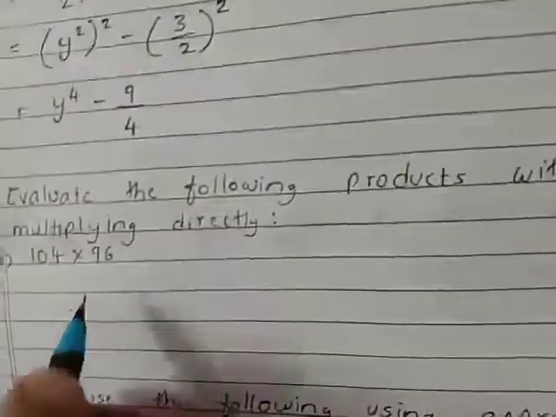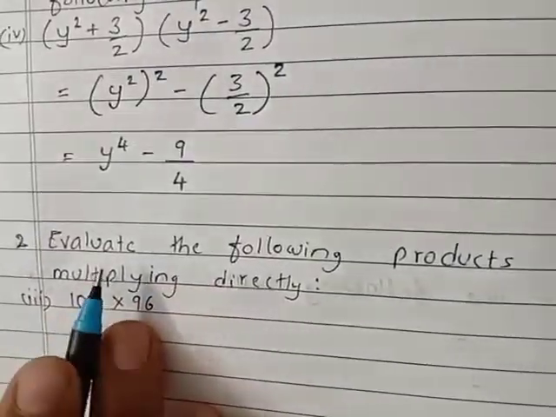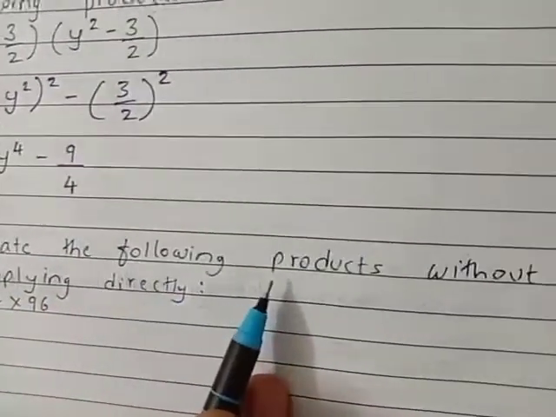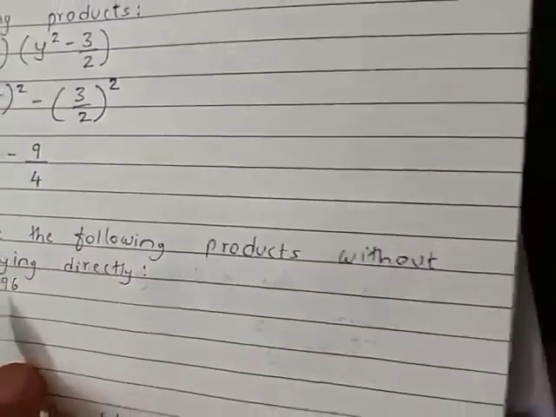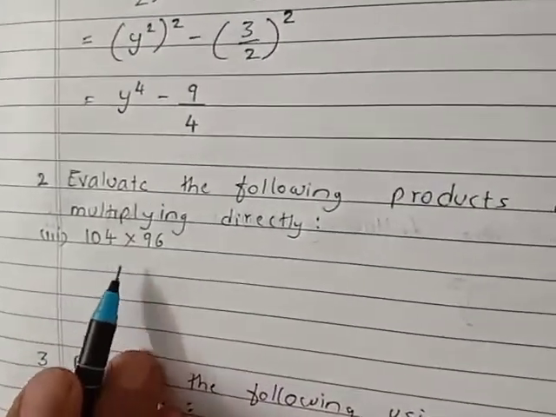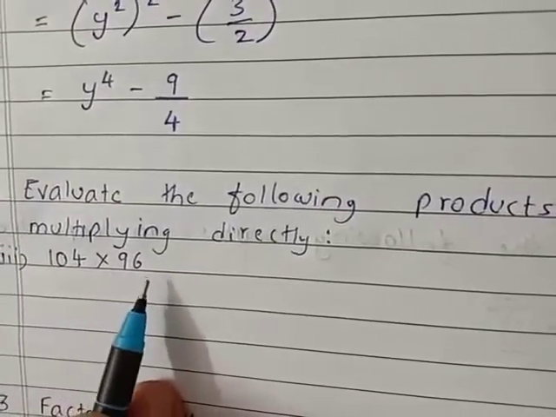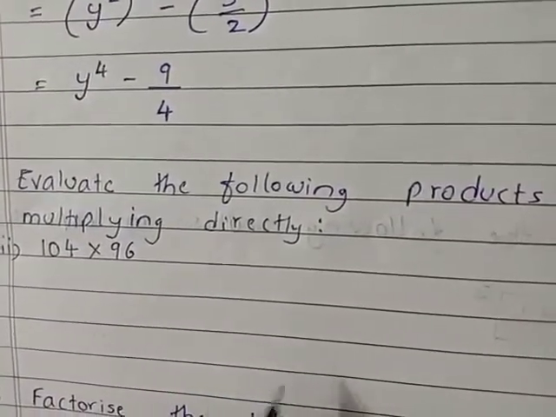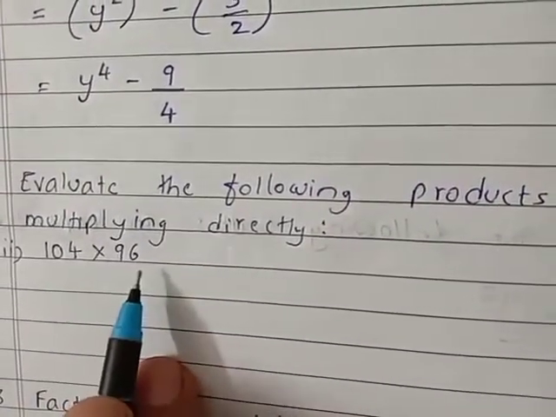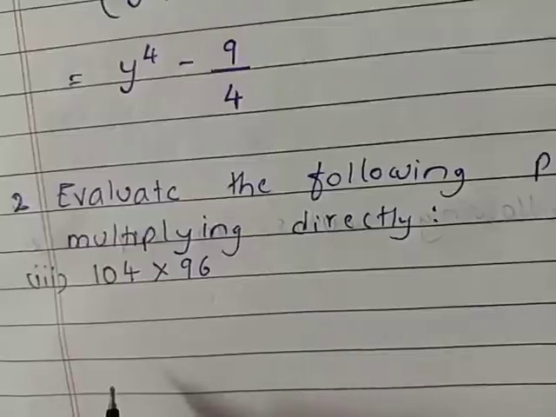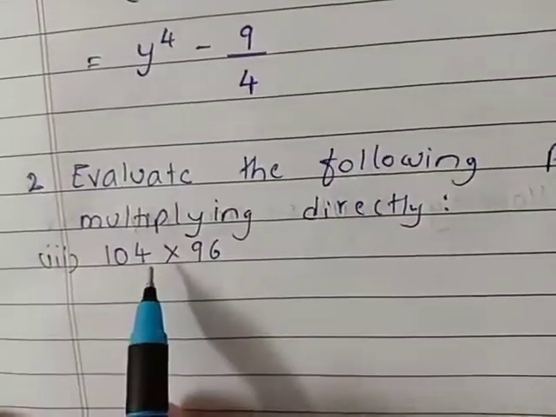Now we will solve this. Evaluate the following products without multiplying directly. 104 into 96, if we multiply we will get the answer, but we should not do it directly. So how will we do this?